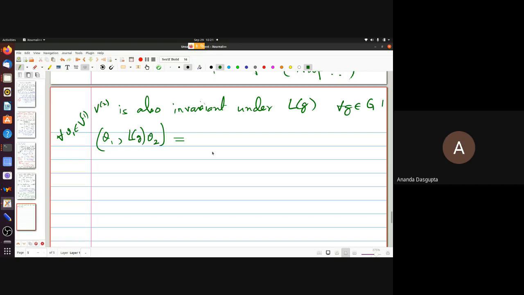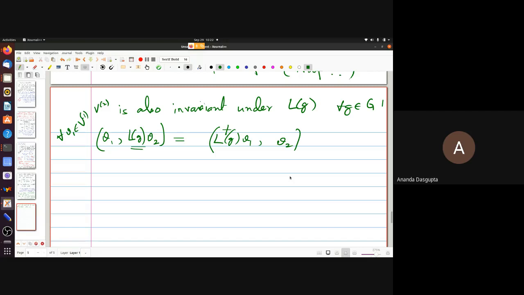So how do we go about showing that it is? The answer is simple. This is an inner product, right? And because it's an inner product, and because of the definition of an adjoint operator, I can always write this as L dagger G V1, comma V2. So I can move the LG from the second element to the first element.